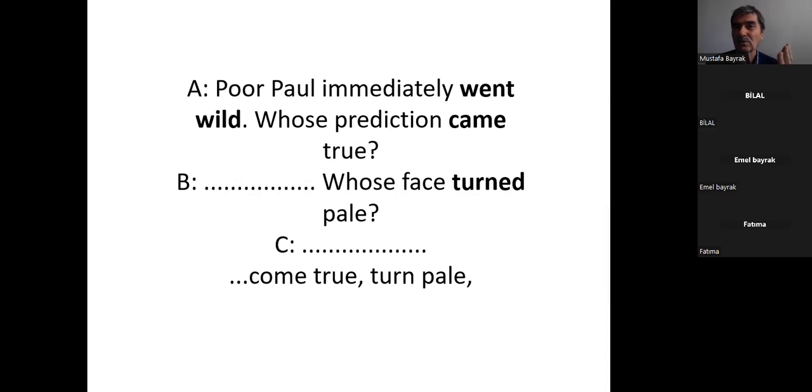Okay. Or whose face became pale? Whose face got pale? Whose face turned pale is better. Whose face turned pale from white, for example, from normal. Yes, come true, turn pale.